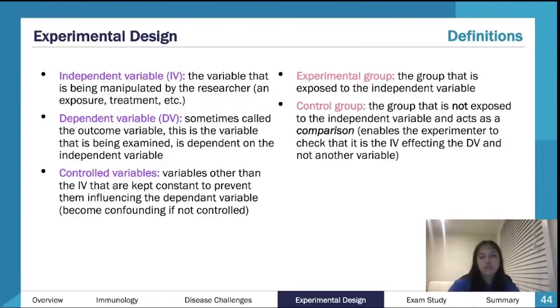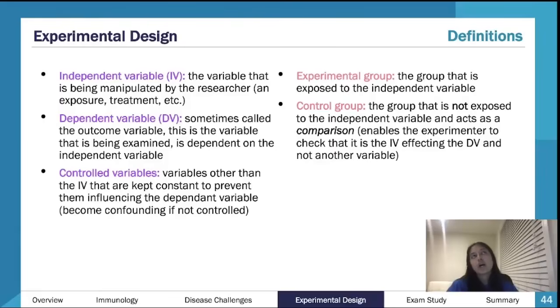So your experimental group and your control group, very important to distinguish controlled variables from your control group. Controlled variables are the little variables that could affect the DV. Control group is the whole setting. So your experimental group is what is exposed to the IV.